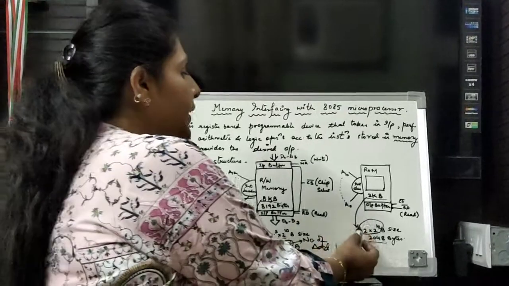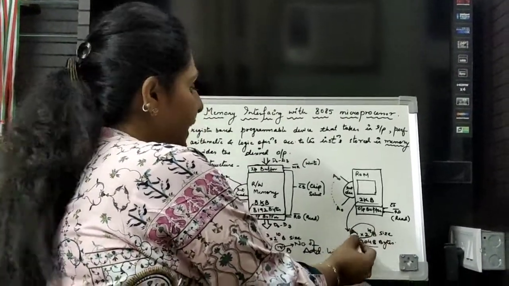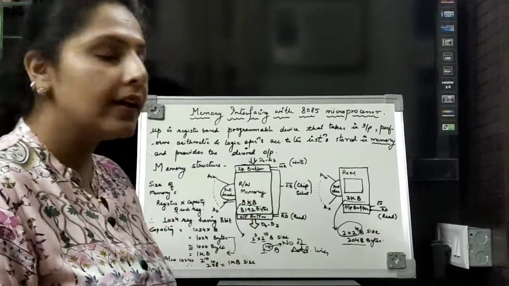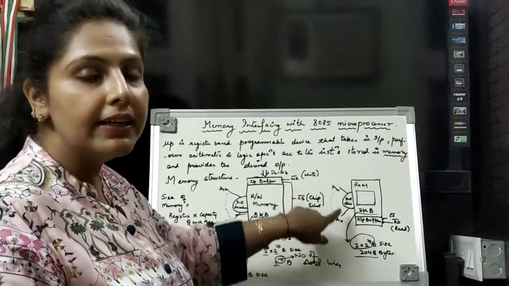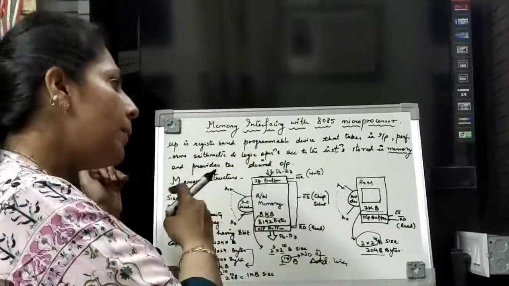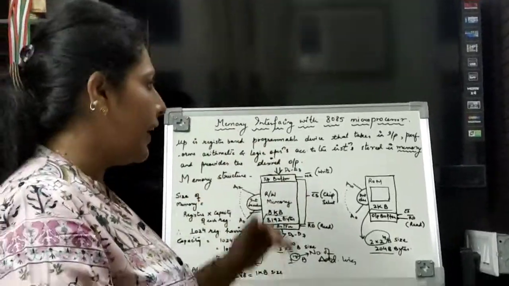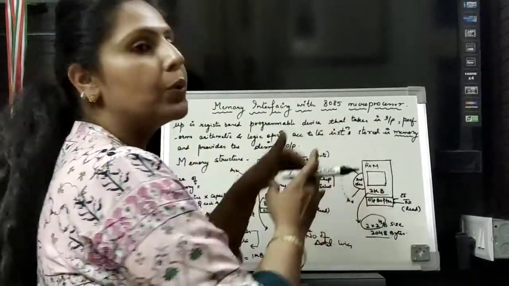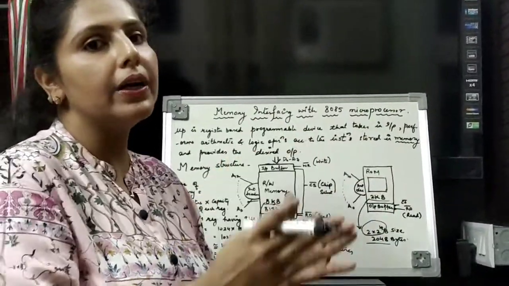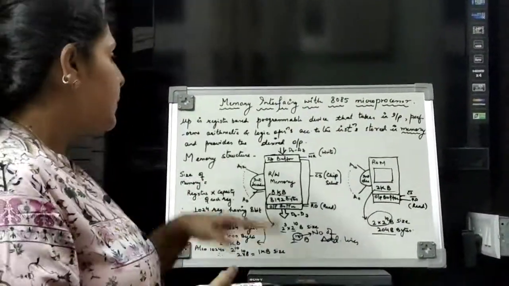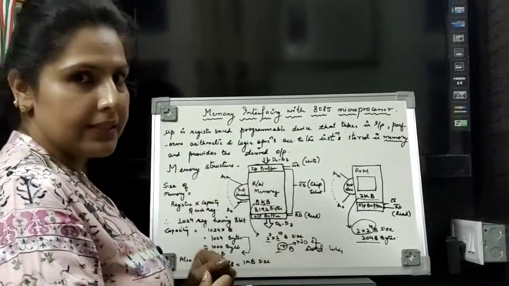So 2 into 2 raised to power 10 means 2 raised to power 11. So A0 to A10, these 11 address lines from the microprocessor 8085, are given to internally decode it and provide a particular address of the register. So this is the concept of memory structure.